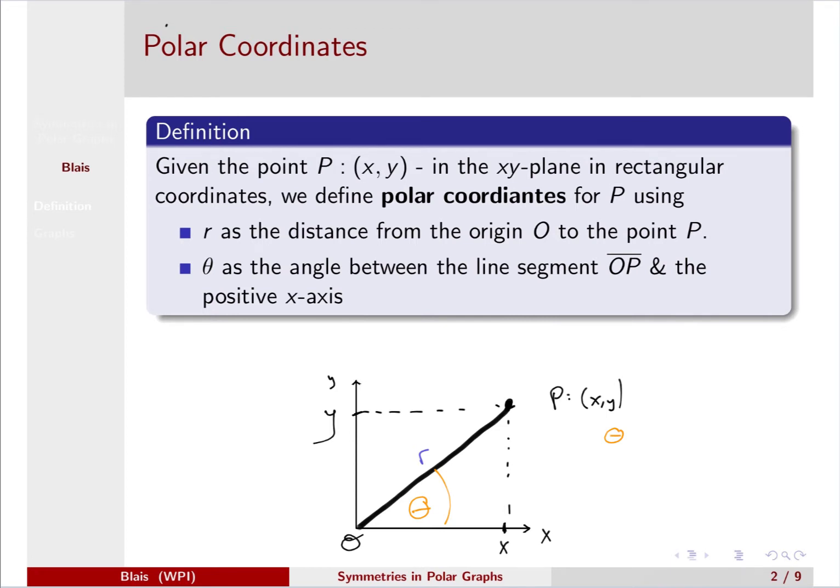And so these two values together give us polar coordinates for our point P in the plane.